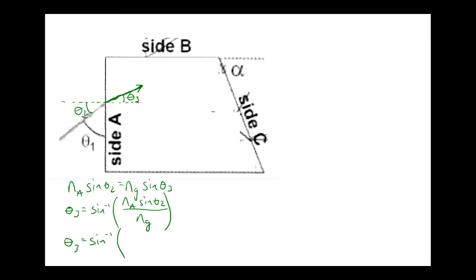N for air is just 1. Theta 2 is going to be what? Look back at what was given. They told us that theta 1 is 57.8, so 90 minus 57.8 is 32.2. And then in the denominator, we have 1.69. So what do you get for theta 3? Anybody?